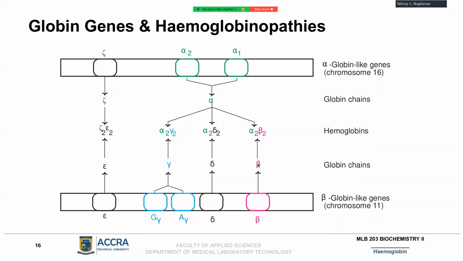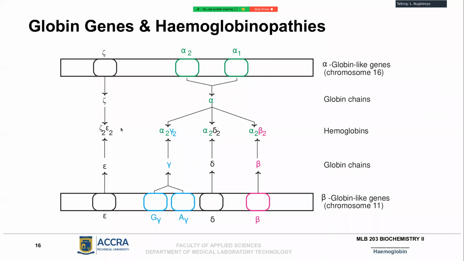These are the proteins. The hemoglobins which we looked at earlier are alpha 2, beta 2. This is the one we looked at as 90% hemoglobin A1 in adults. Then we have alpha 2, delta 2, which I think is less than 5% or so. Alpha 2, gamma 2 also is less than 2% or so.